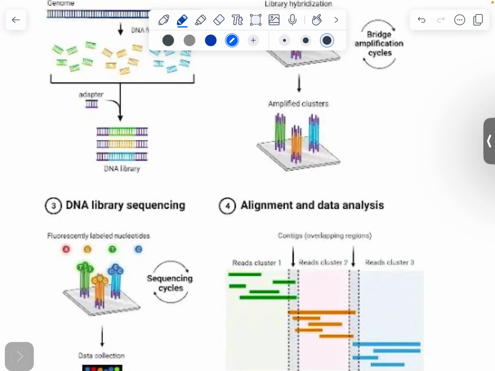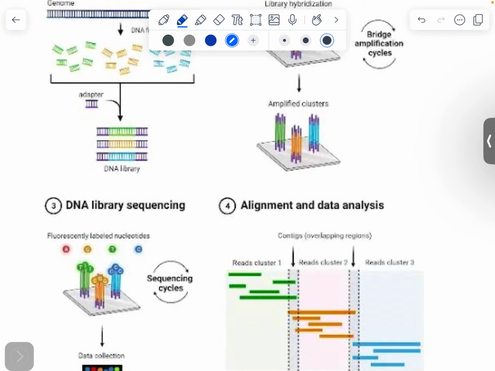You know that DNA polymerases don't have high fidelity. That means they make some errors when they prepare a complementary strand. So what happens if we sequence only one time?